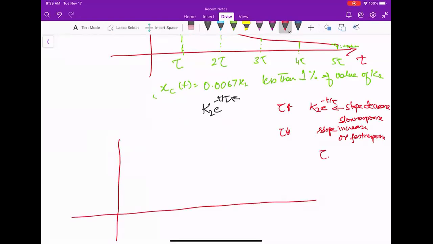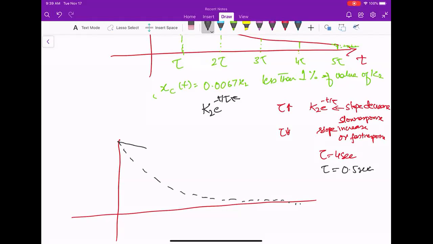Let's say you have tau equal to 4 seconds, and you have tau equal to 0.5 seconds. What will be the difference between the two graphs?